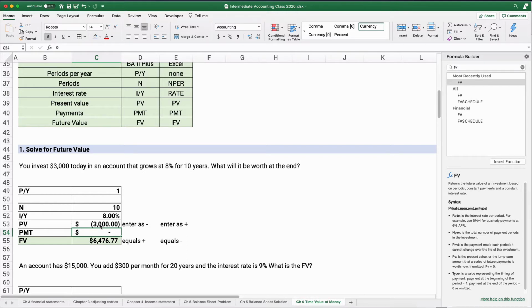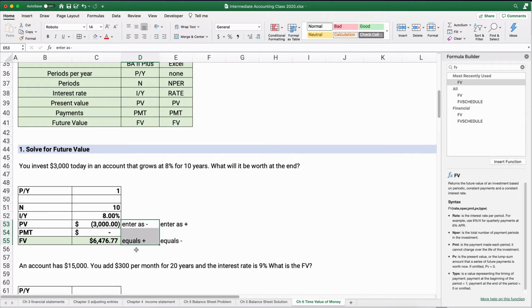They're like debits and credits, like positive and negative, right? One has to be positive, one has to be negative. It doesn't really matter which one it is. So the convention typically on calculating time value of money, since we're paying $3,000 to try to receive $6,400, is to say negative 3,000 equals positive 6,400.